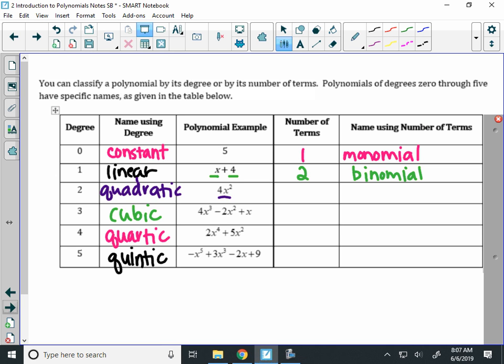This quadratic, there's no plus or minus sign, so there's 1 term. This is also a monomial. Now the next one here has 1, 2, 3 terms. They're separated by plus and minus. So a 3-termed polynomial is called a trinomial.